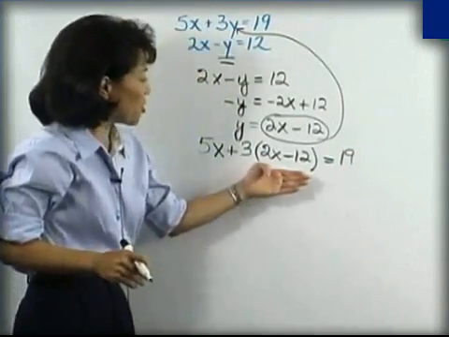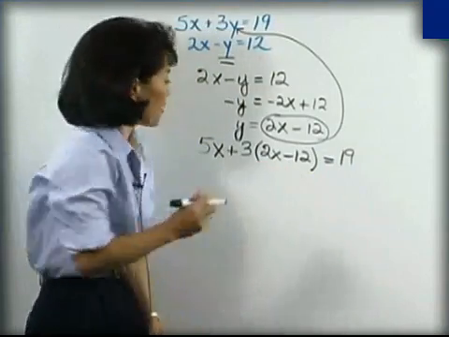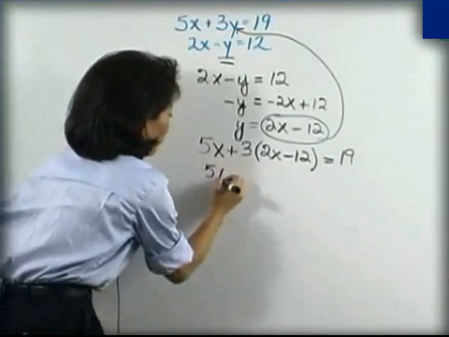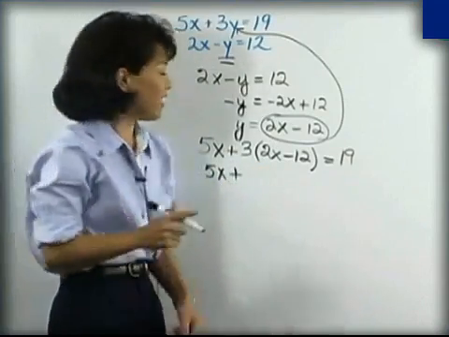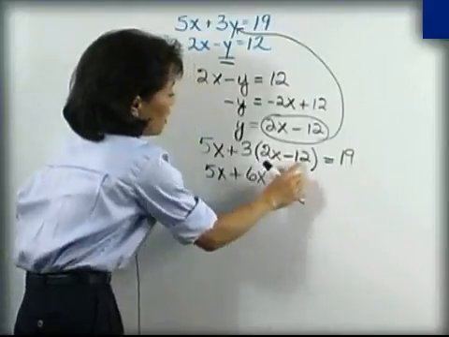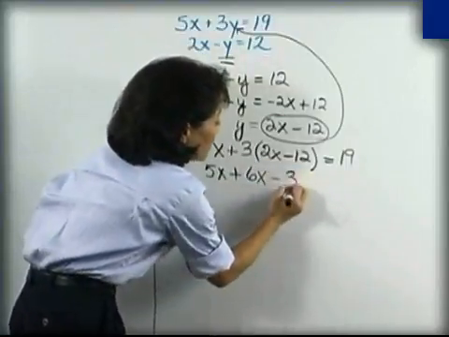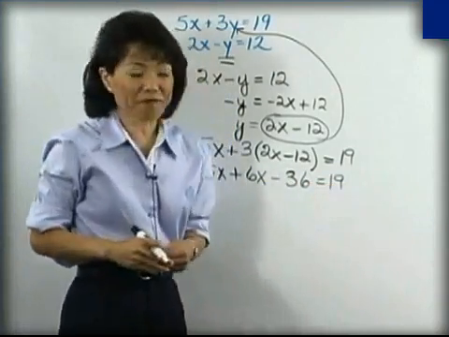Now my job is just to solve this simple linear equation for x. So here we go. 5x plus, do you recognize the distributive property here? This gives me 6x minus 3 times negative 12 is negative 36. That's all equal to 19.